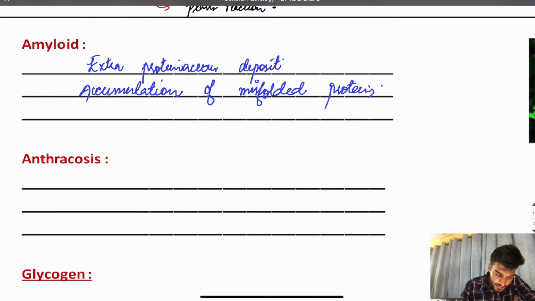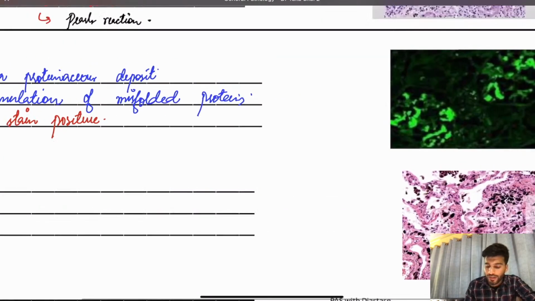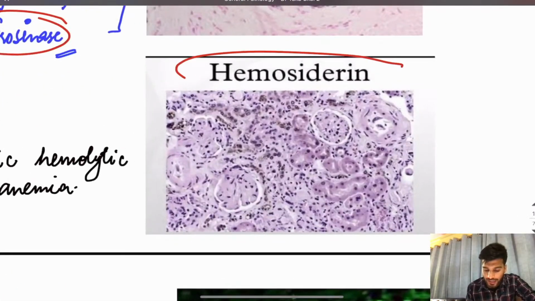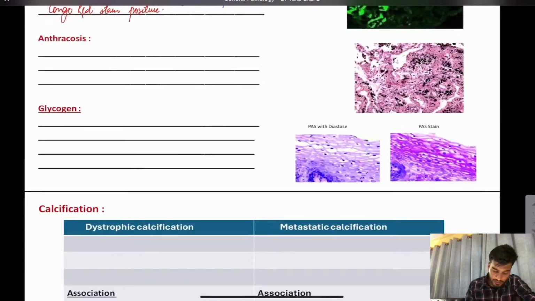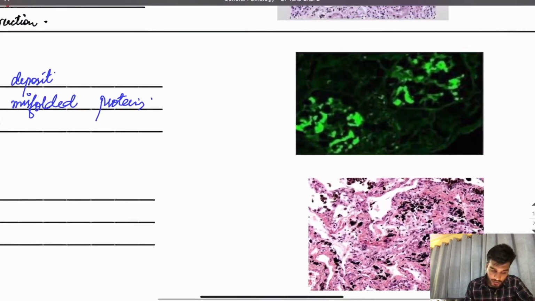And the stain that we use is Congo red stain. Congo red stain positive, and under the polarized light it gives an apple green birefringence.